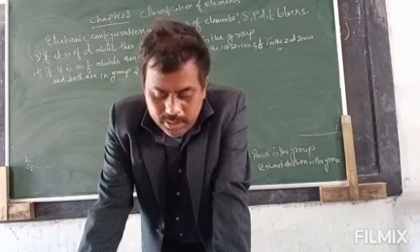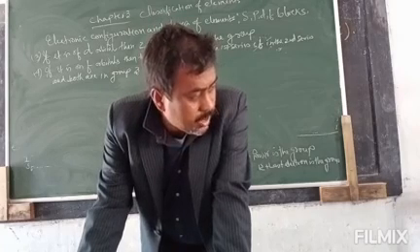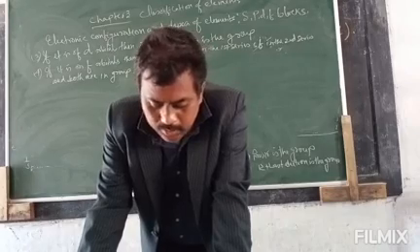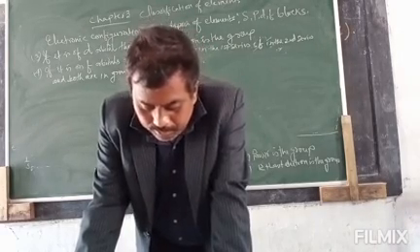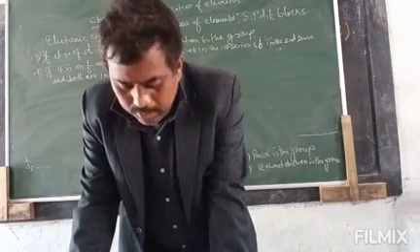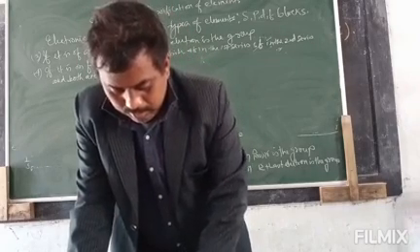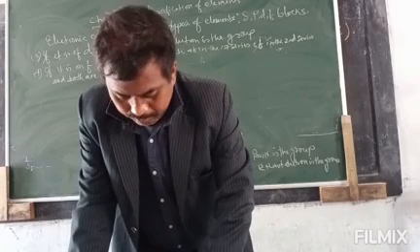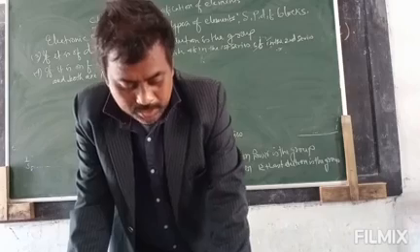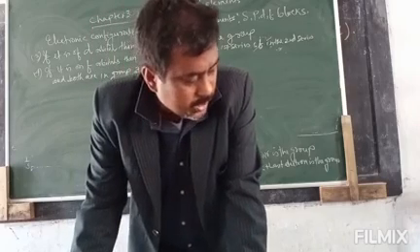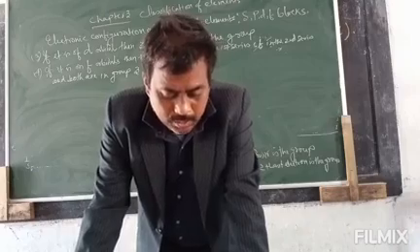Whereas the ones which have NS2 electronic configuration are generally called alkaline earth metals. So S block elements, I have already told, have 2 configurations, NS1 and NS2, and they are called S block elements.